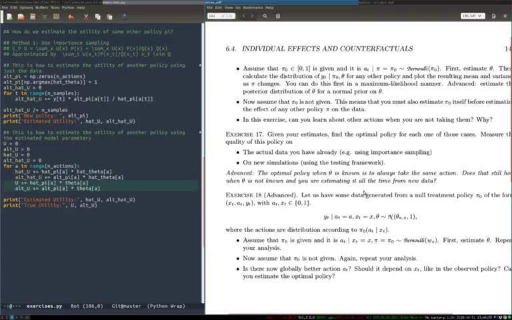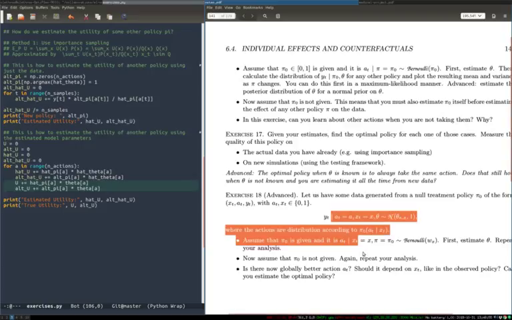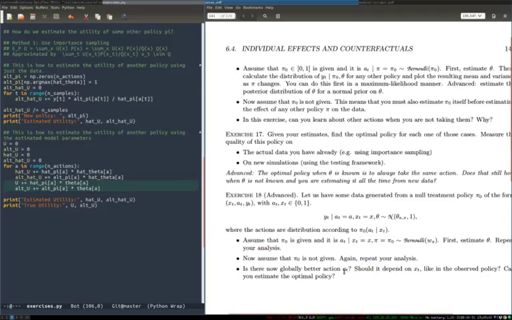Now, more generally, we can do the same thing for covariates. Just have more parameters to estimate. It doesn't make any difference. And probably the outcome policy should also depend on what the x is, and not just be independent of x.